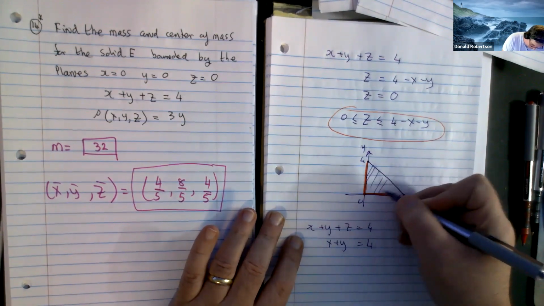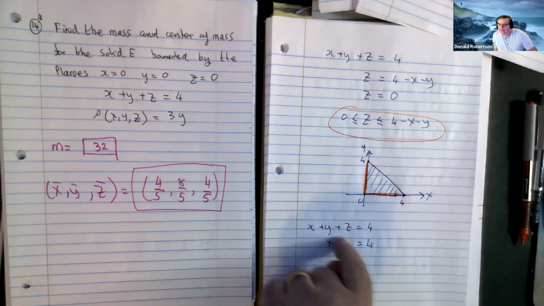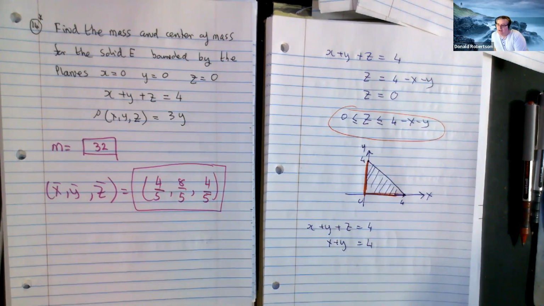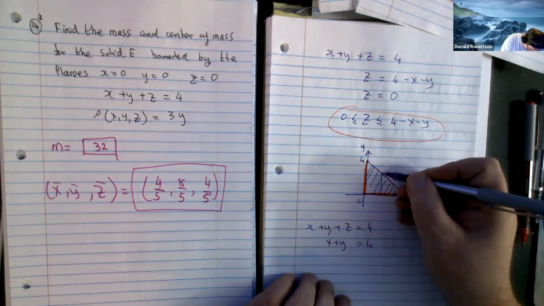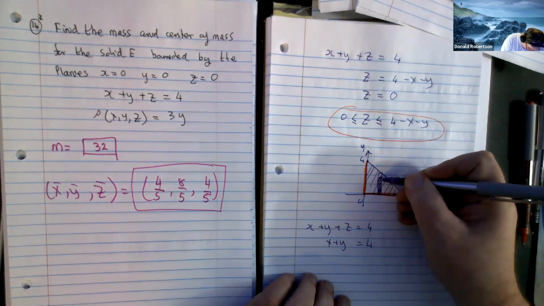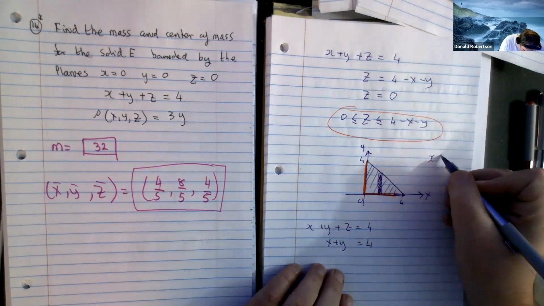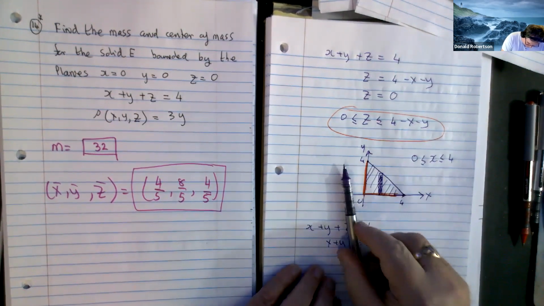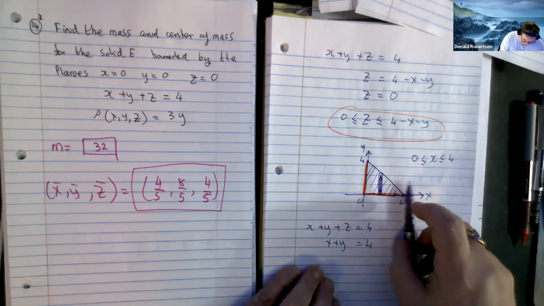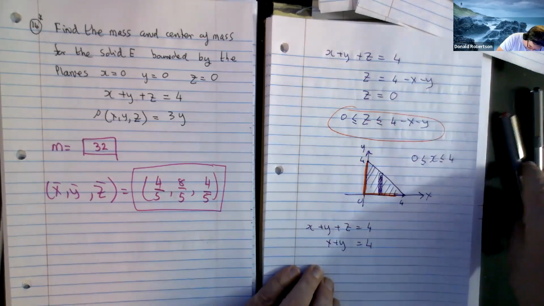So do you see how I found the triangle? It was hidden in this, right? When you don't know what the floor looks like, make z equals 0 and it'll tell you a little bit about what's going on. In this particular triangle, which is a pretty common shape, the x's are going to go from 0 to 4.